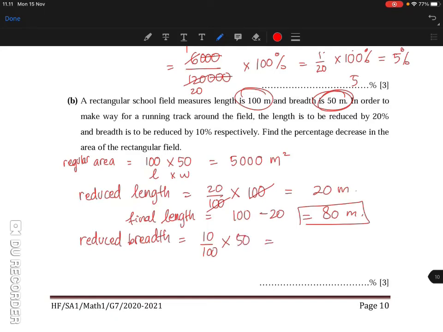Cross 1 2, and then 10 divided by 2, it is going to be 5 meters. Now if you want to find the final breadth, it is going to be 50 minus 5, so it is going to be 45 meters.